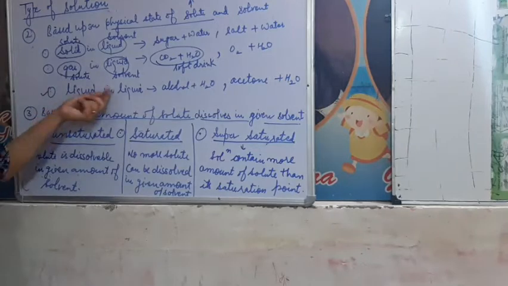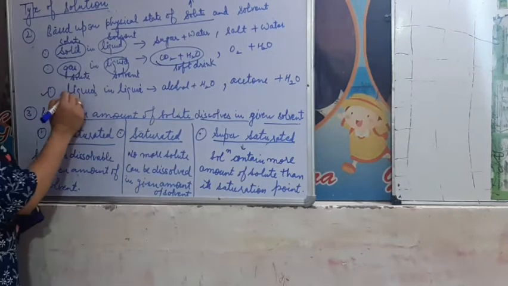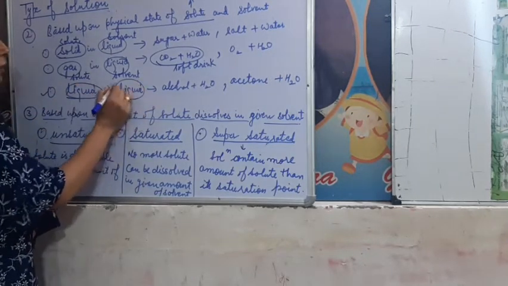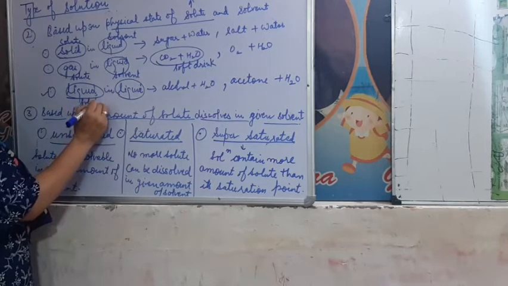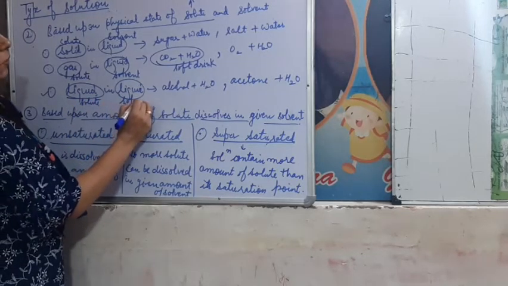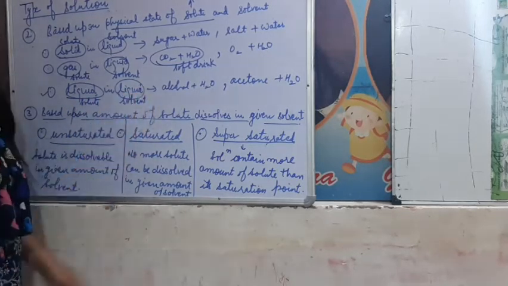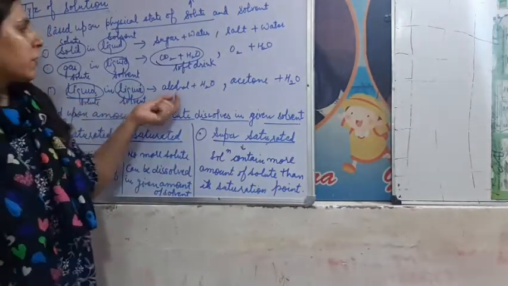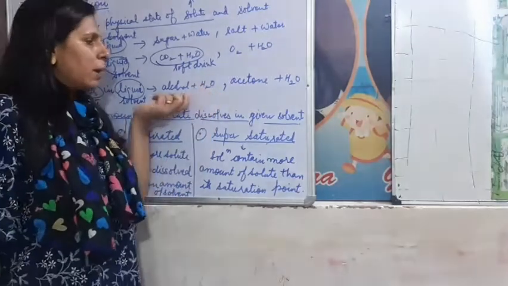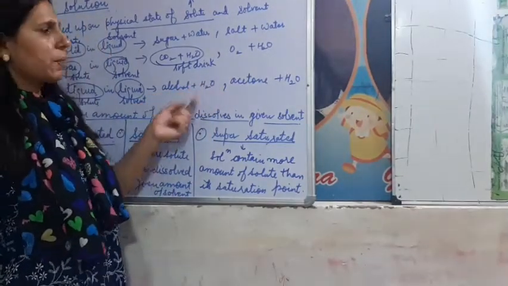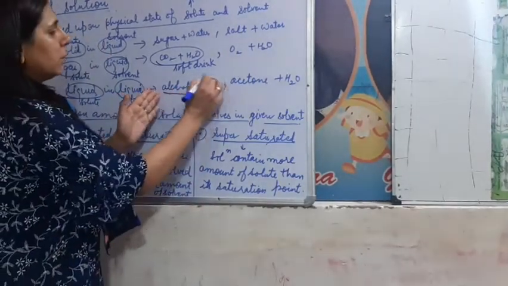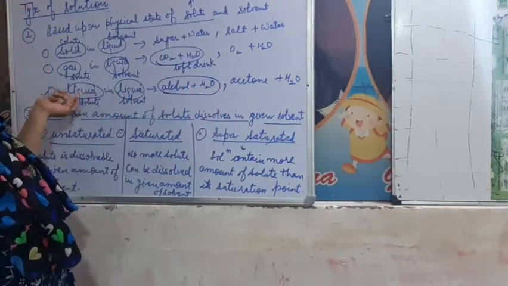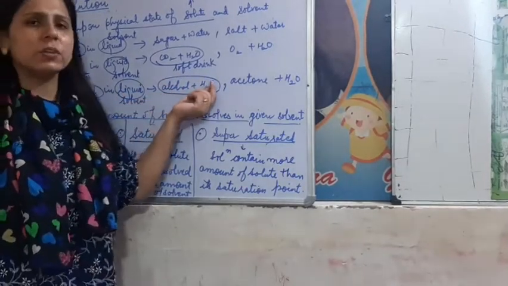Third category, liquid and liquid. So here liquid and liquid means the solute is also liquid and solvent is also liquid. Then how will you judge which one is solute and which one is solvent? You will judge with the given amount. For example, alcohol and water, they are making a solution of liquid and liquid, and their amount will be given to you.